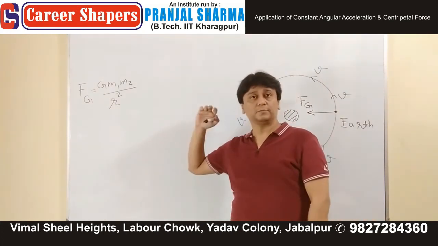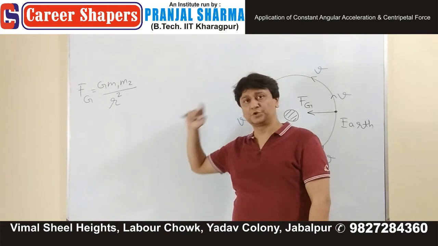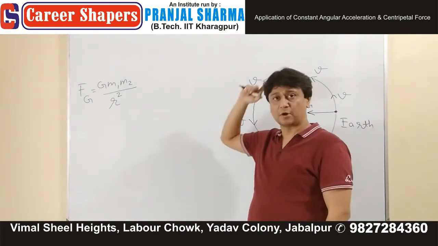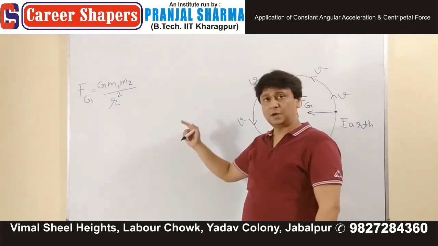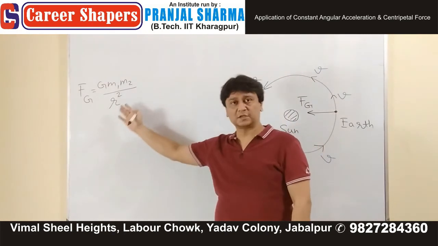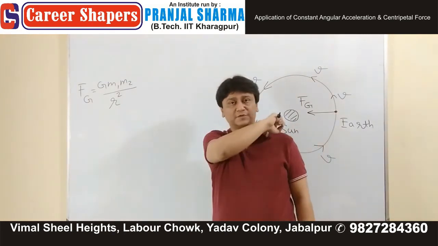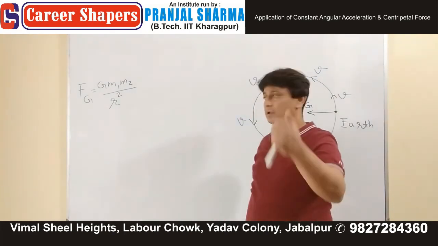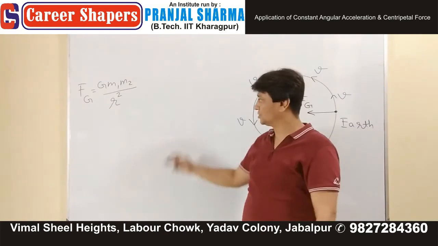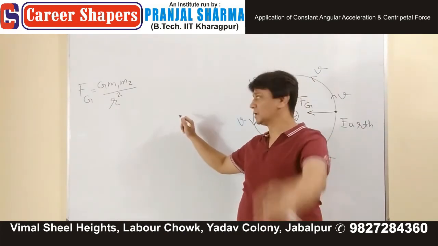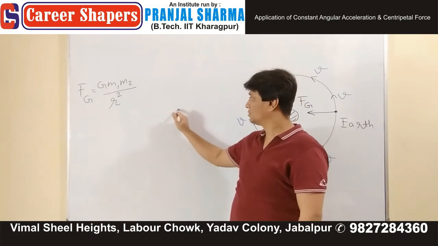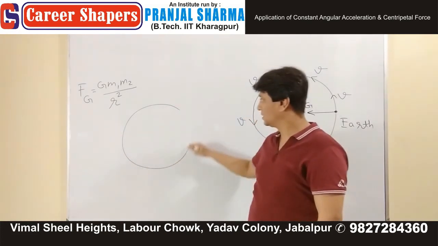So we are trying to solve a question which is basically asked in the chapter of gravitation. But somebody who knows the concept of centripetal and all, they can answer this question. Everybody in the class can answer this question. Just don't leave it, give it a try.